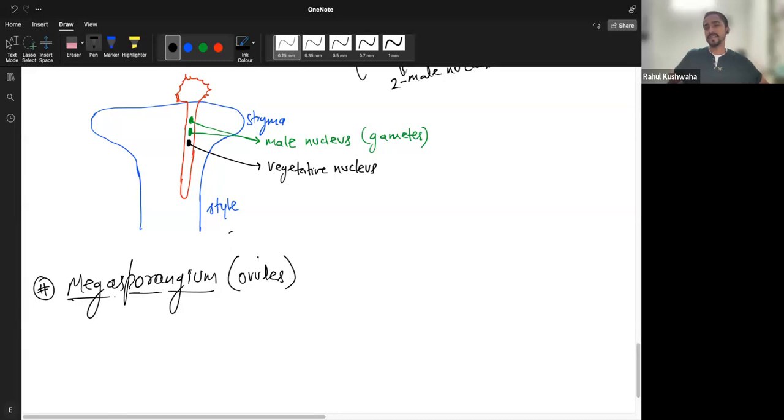Now in one anther there can be thousands and thousands of pollen. But in plants, just like in humans, remember, again, we are drawing some parallels. How many sperms can be present per ejaculation in a human?